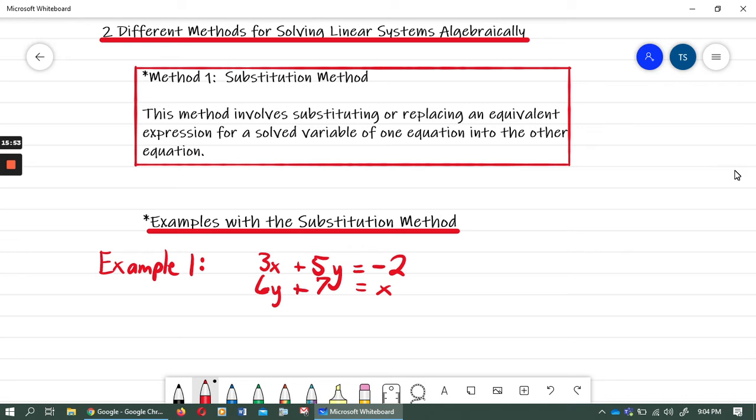So guys, if you are asked to solve using the substitution method and you see that one of the equations is already solved, you see that one equation has already been solved for a variable. So in this case, for this example, please notice that one of the equations has already been solved for a variable.